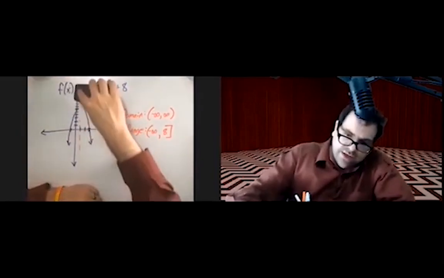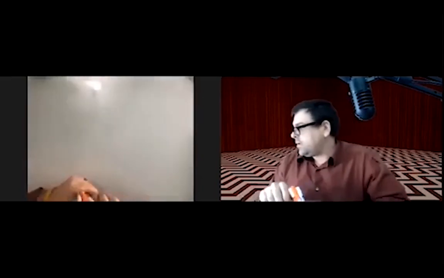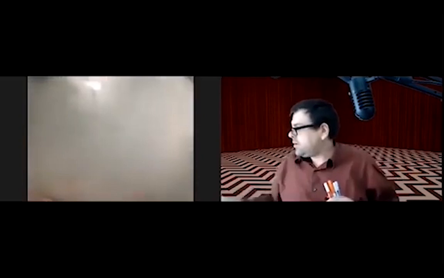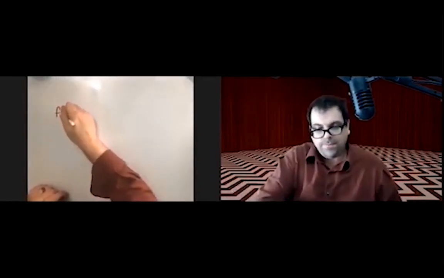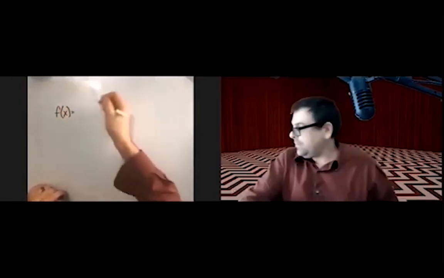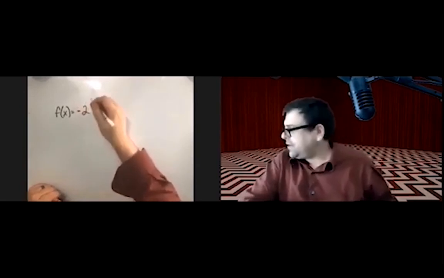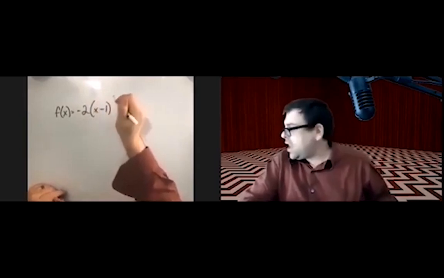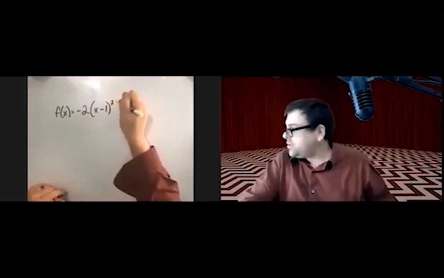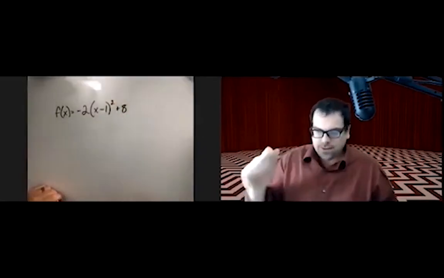I'm going to take a look at this vertex form one more time. I'm going to move it down. So again, we have f of x equals -2 times (x minus 1) squared plus 8.